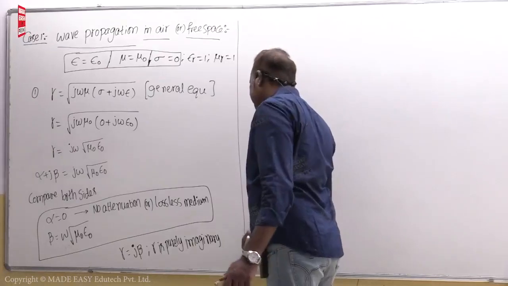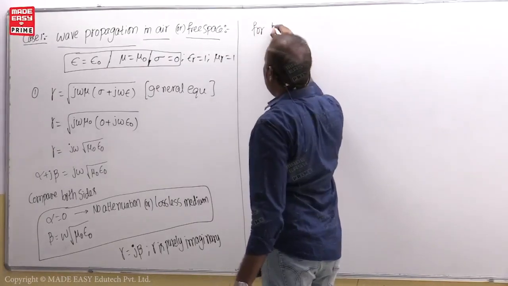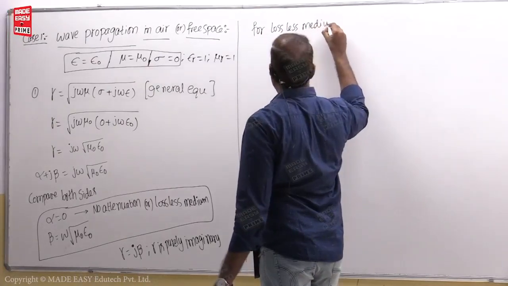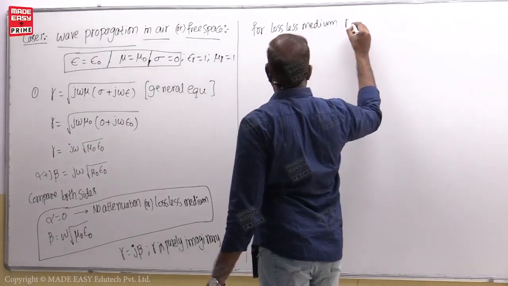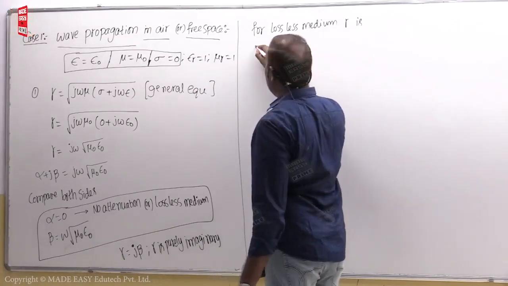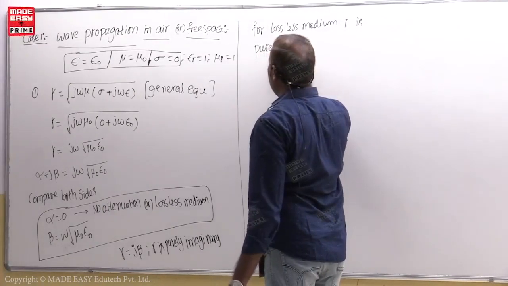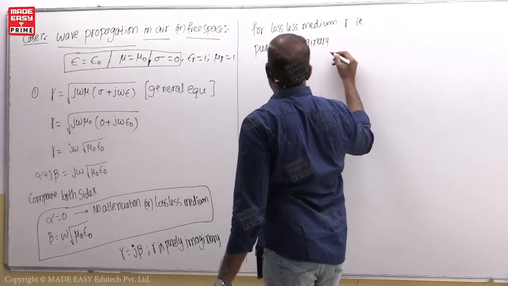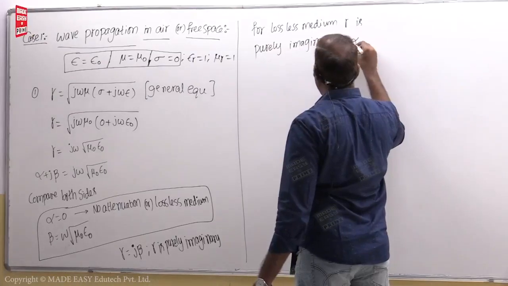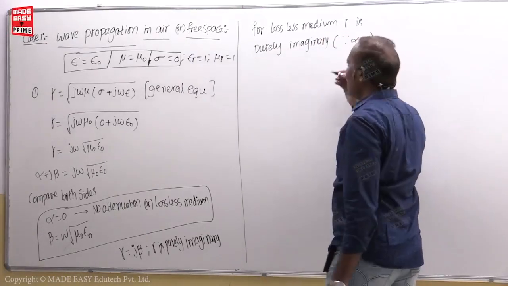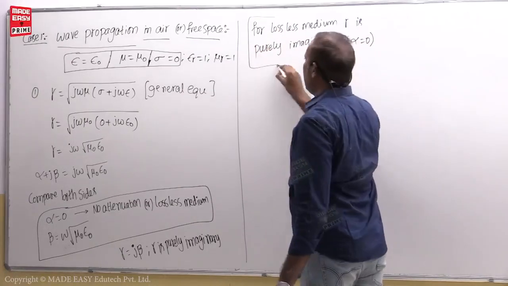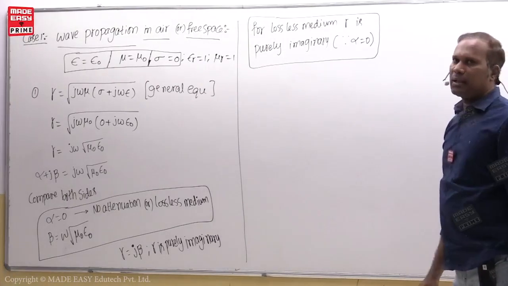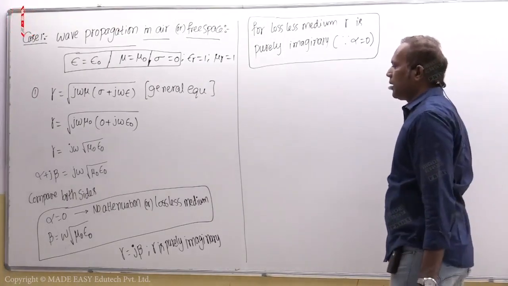So I am writing that point: for lossless medium, gamma is purely imaginary because alpha is equal to 0, then only beta will be there. Okay. For lossless medium, gamma is purely imaginary, my dear friends. That means alpha is 0 for that.